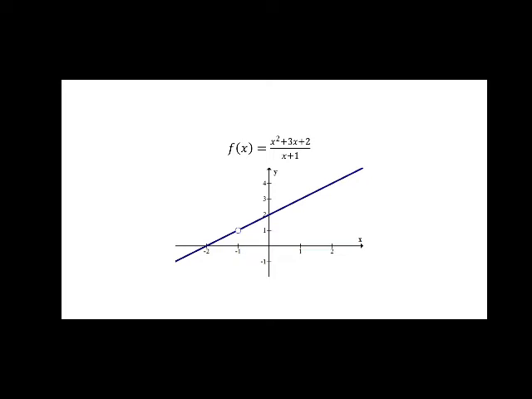You try putting x equals 0, x equals 1, x equals minus 2, minus 3, minus 10, 100, 1000, whatever you put, the function gives you a particular value. But if you put x equals minus 1, the function doesn't exist. And that is the reason why there is a hole. This is called a hole.